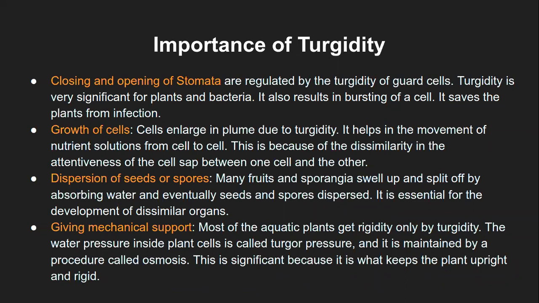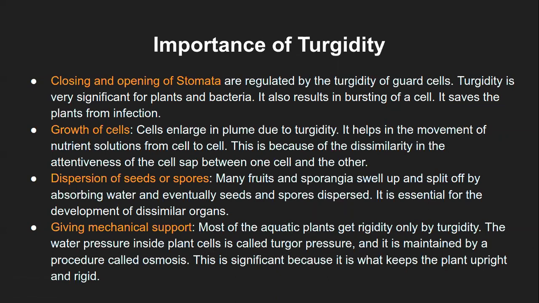So whenever a stem of these aquatic plants has all the turgid cells, it is creating that erect stem due to the turgidity of those cells, and that is the way it gives the mechanical support to those aquatic plants. And this is not only the case with the aquatic plants, but also with the regular trees that you see around us.